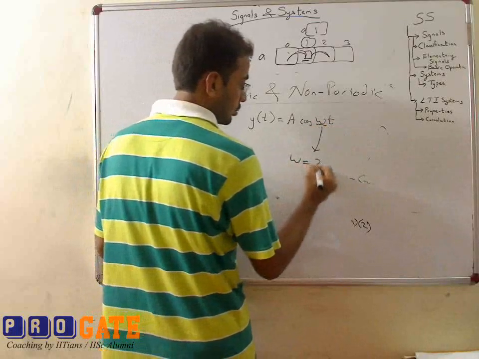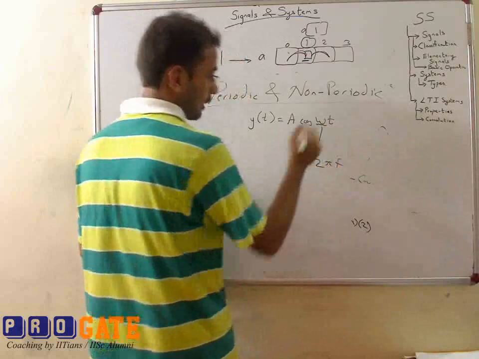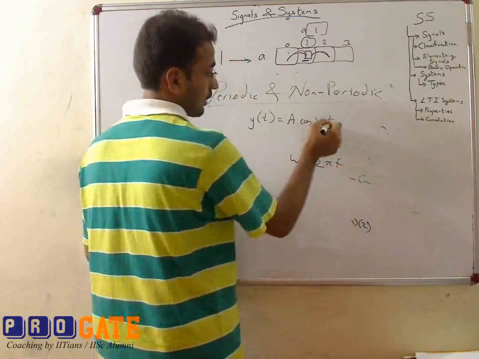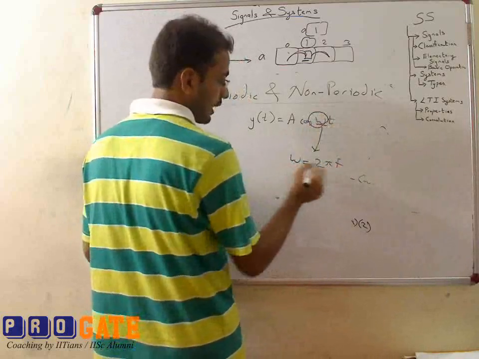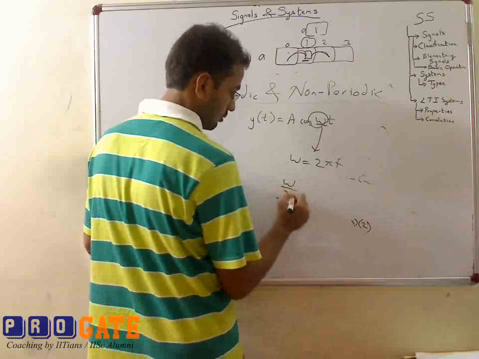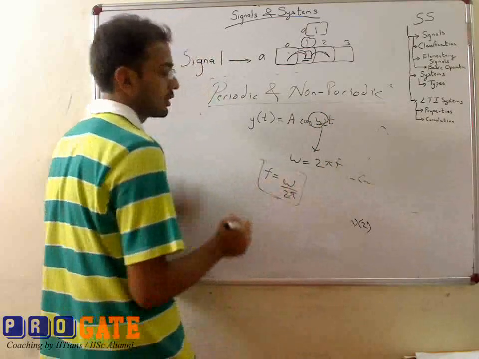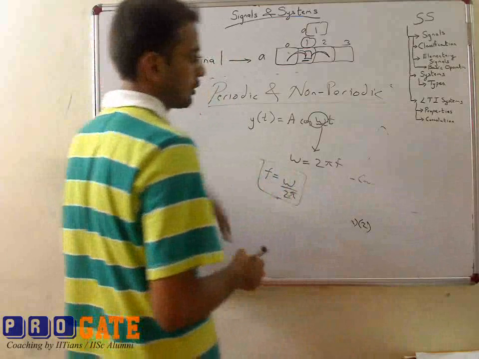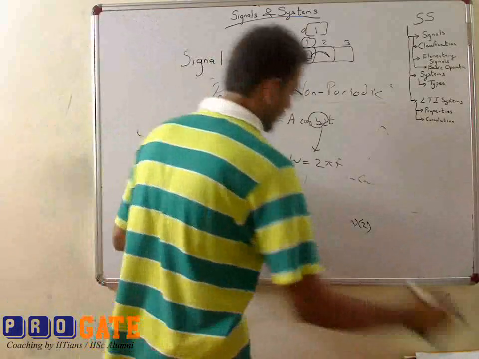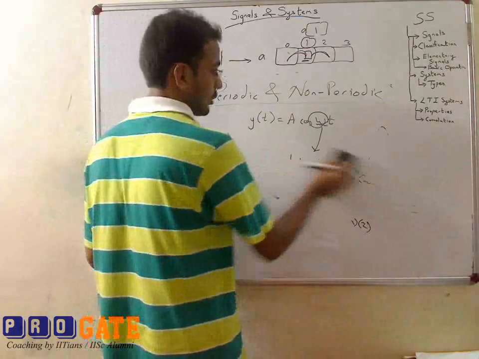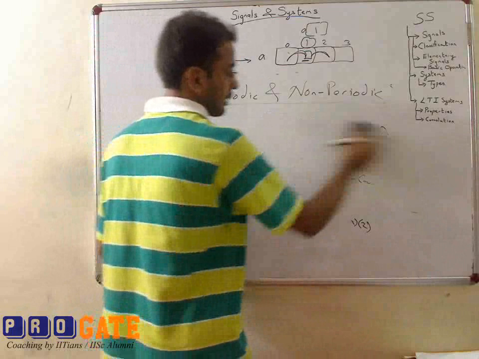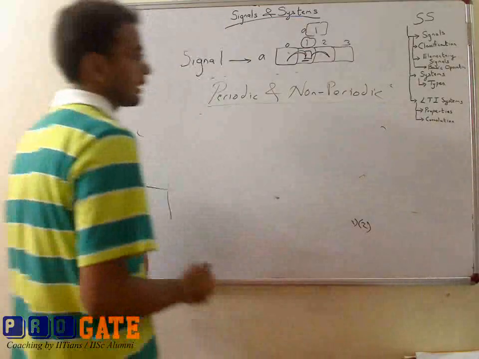You know omega is 2 pi f. So whatever value is the coefficient of t, you divide by 2 pi, and that gives you the frequency, from which you get your period. When you are in continuous time, it's a frequency. When you are in discrete time, it's a sampling frequency.